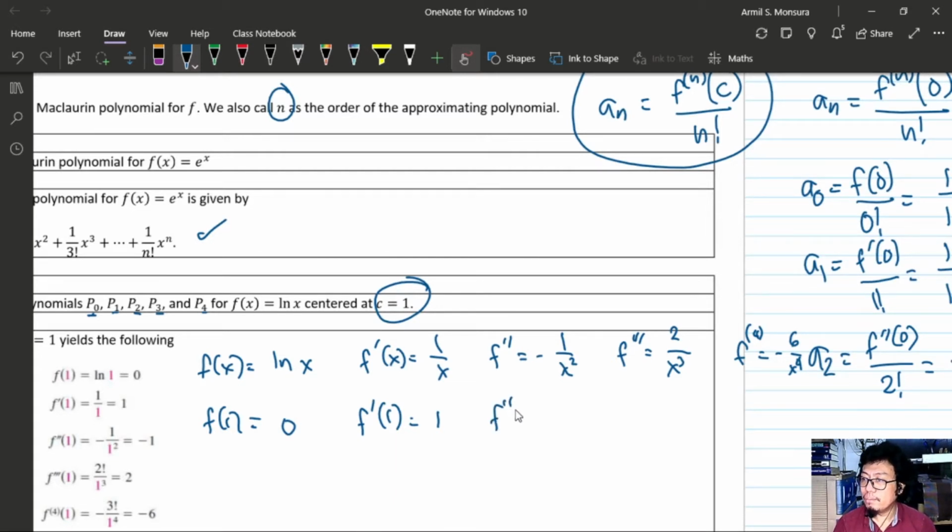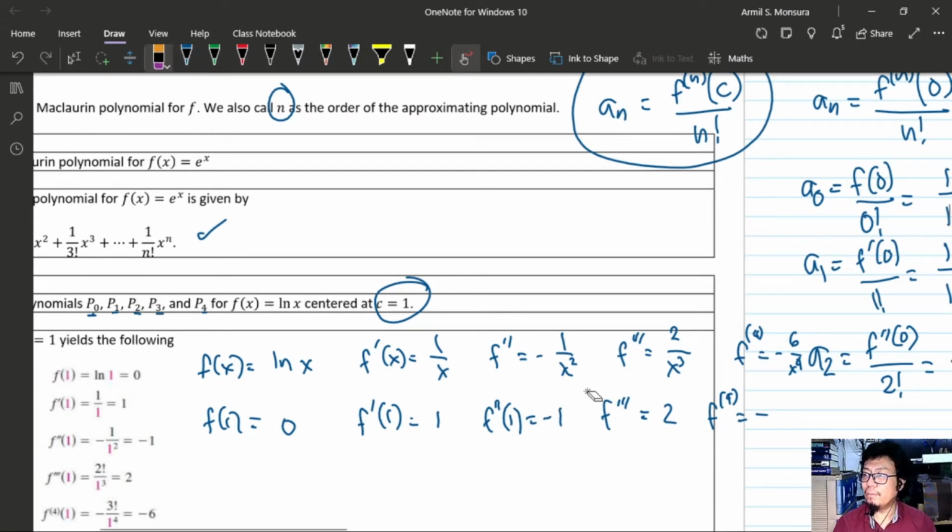I forgot to write f double prime of 1, so that is negative 1.